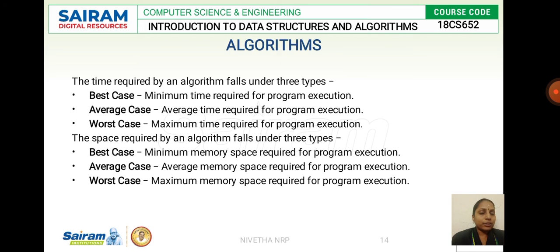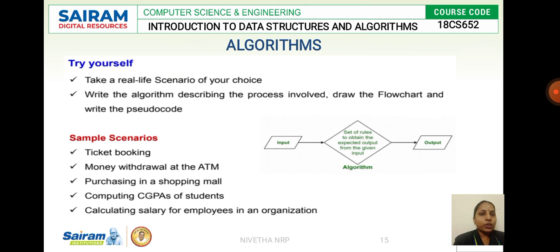When it consumes minimum time to execute a program, then we say it is the best case. And when it occupies less memory space, then we say that is also the best case. So we choose an algorithm that has the best case in time and space complexity. This is all about your algorithm.